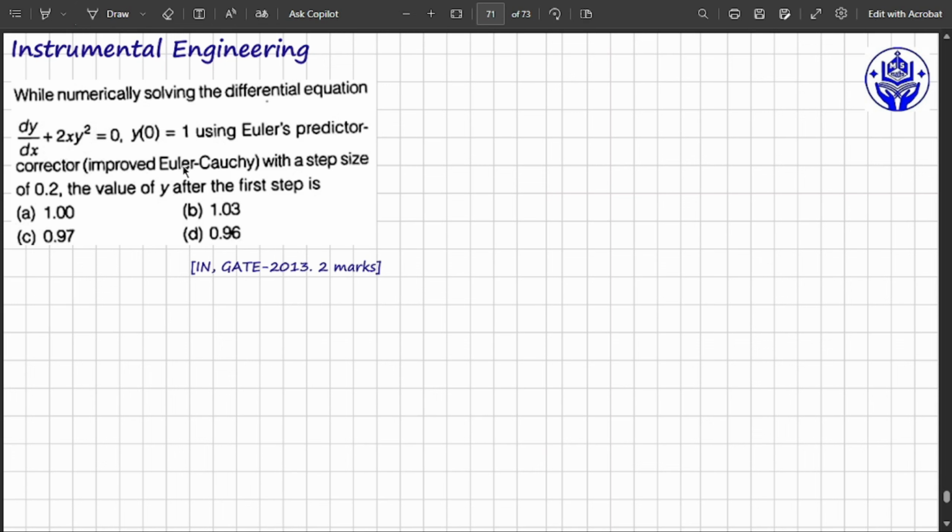Okay, next will be the same, Euler method. You can easily calculate using the Euler method. Yeah, this one is the Euler corrected method, the predictor-corrector Euler. It means yn plus 1 is equal to yn plus 1 by 2 h times f of xn, yn.